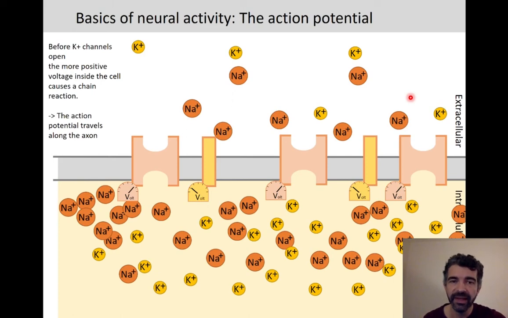And then with a lag, I didn't animate this here, but you can imagine that the K+ channels will also open, and then the K+ will flow outside, leading to the repolarization. So what this means is that we see an action potential traveling along the axon.